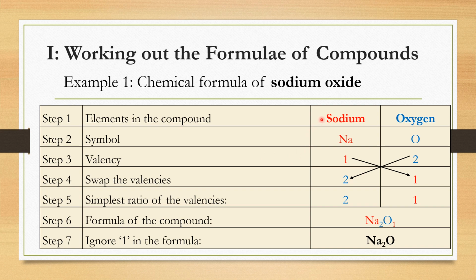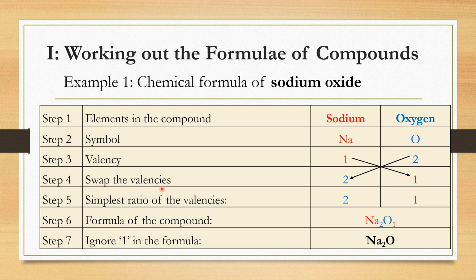The symbol for sodium atom is Na and the symbol for oxygen atom is O. In the next step, you write down the valency of each element. The valency of sodium is 1 and the valency of oxygen is 2.